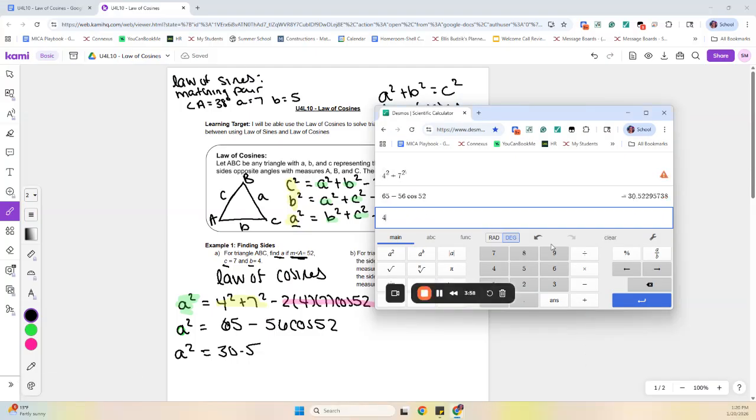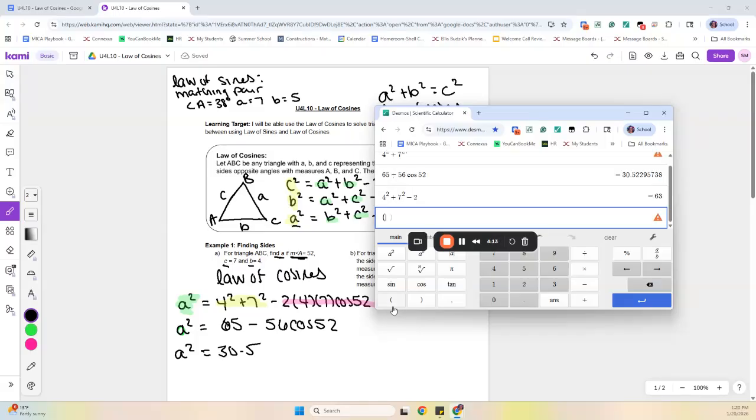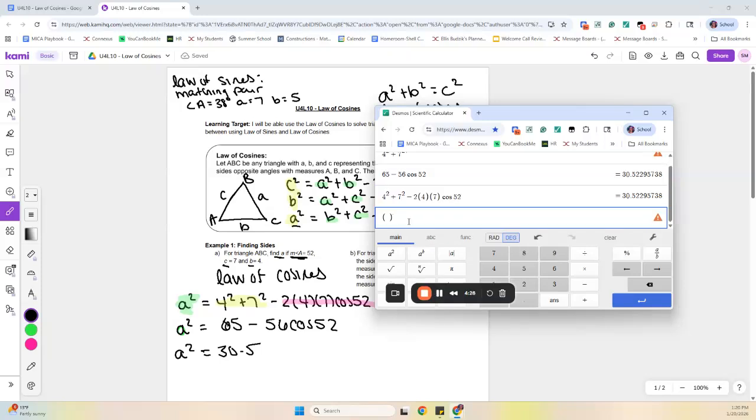So I could do 4 squared plus 7 squared minus 2 times 4 times 7 times cosine of 52. And notice how we get the same thing. Then I still got A squared equals 30.5.